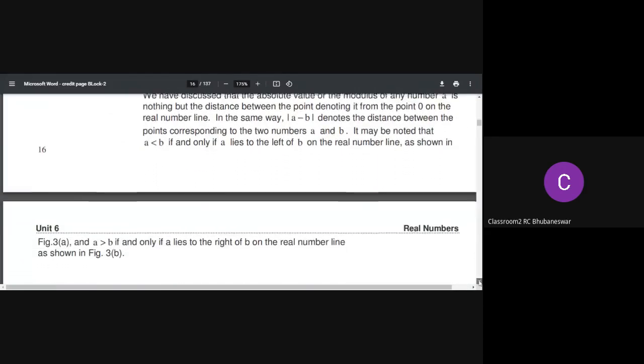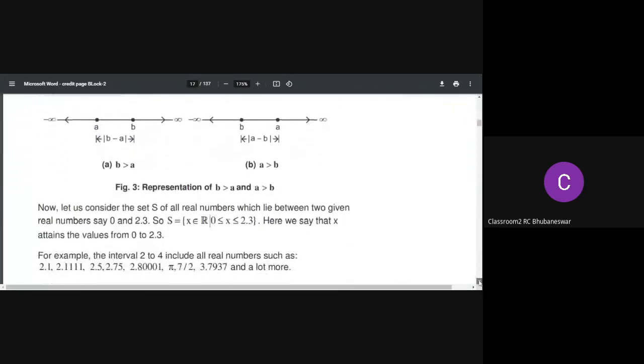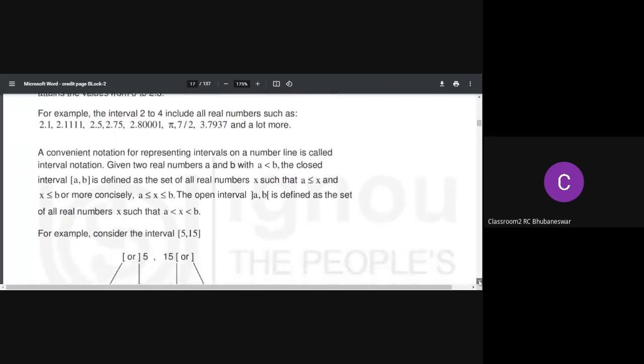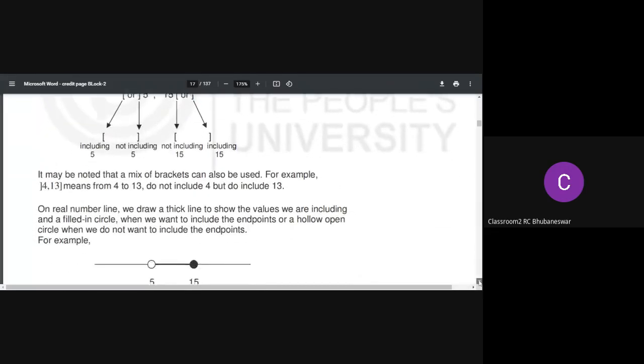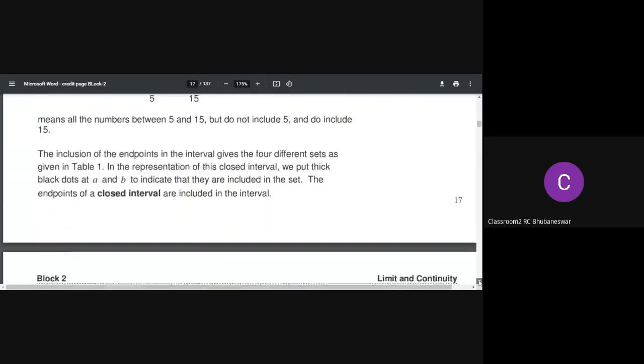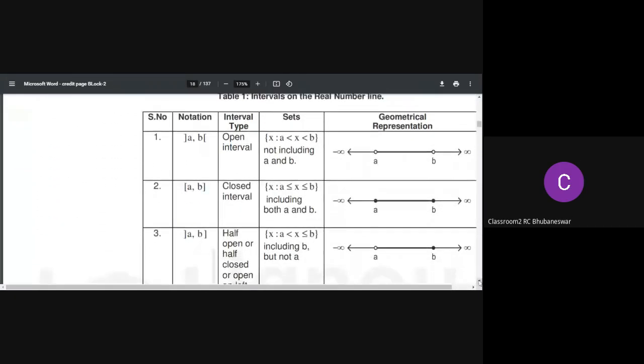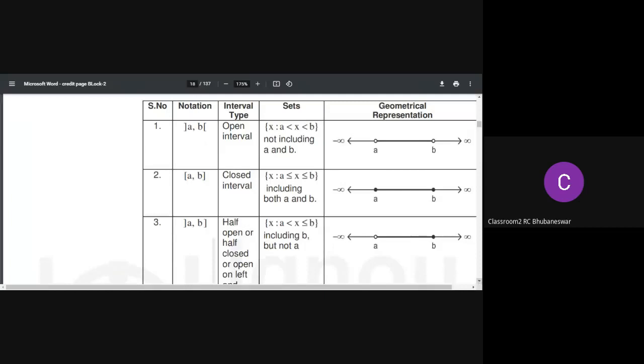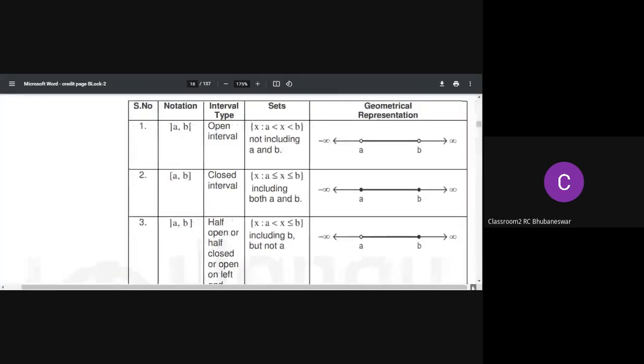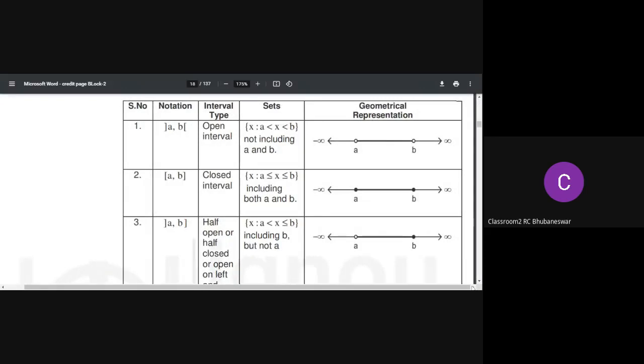Now, let us focus on the intervals on the set of real numbers R. Basically, we have four different types of intervals, and these are listed in this particular table. First, cell number one, the notation (a, b). Look at these square brackets.